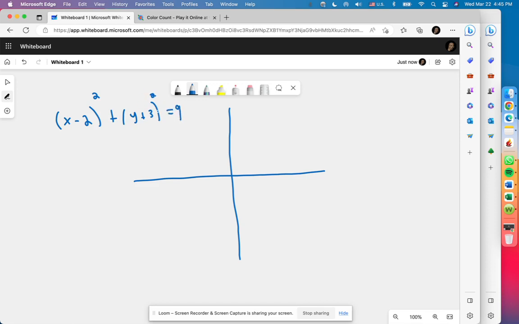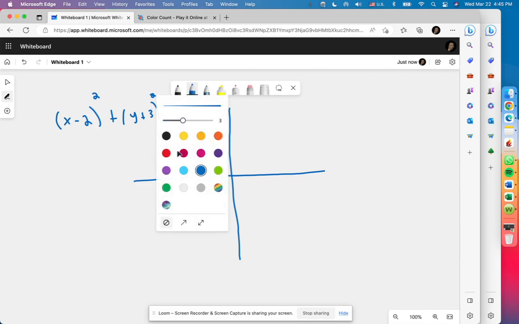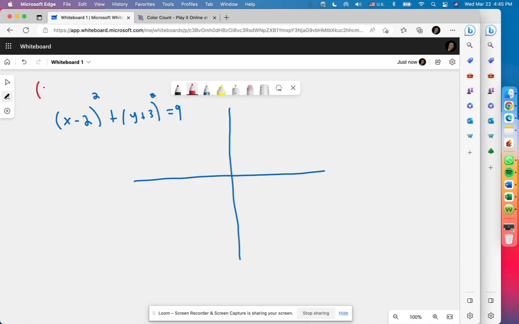You look at this and you identify what your center is. Remember, my general equation is x minus h squared plus y minus k squared equals r squared. So what does this tell me? H is the x coordinate of my center, so that's going to be 2.